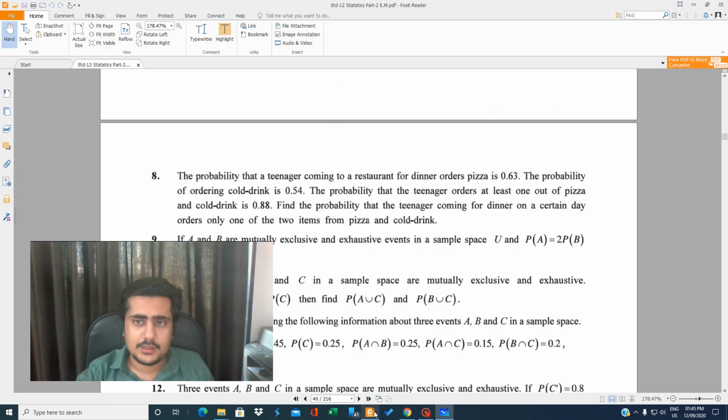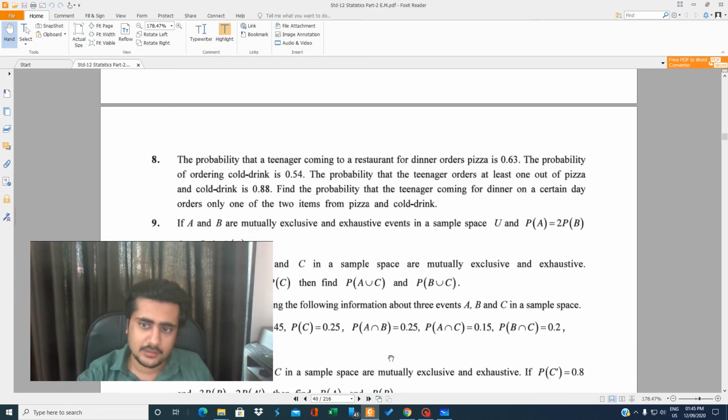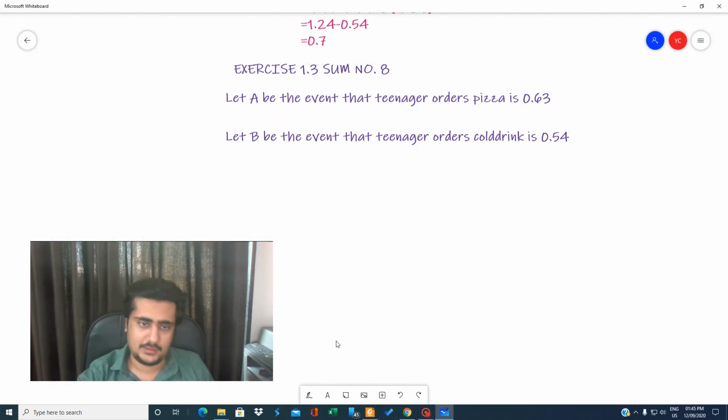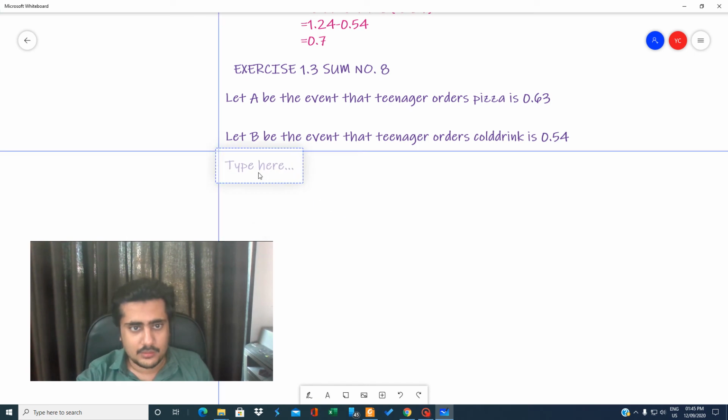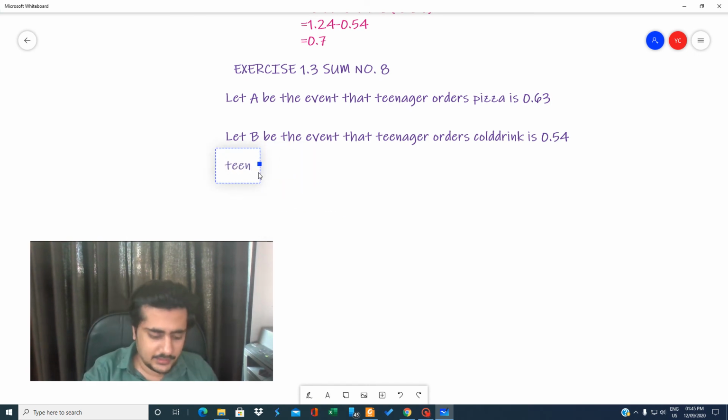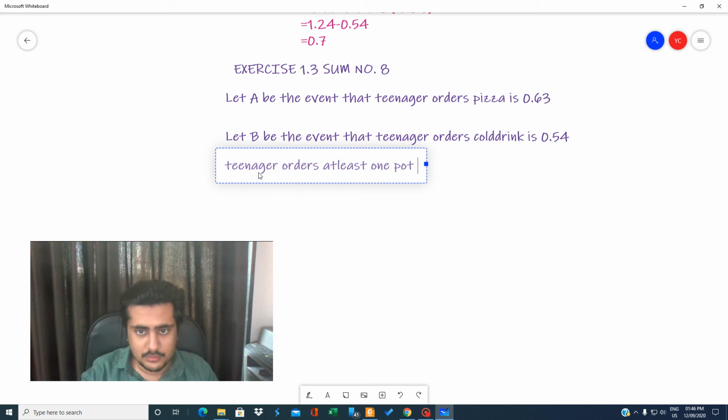Okay, then what is given in the question? The probability that a teenager orders at least one out of the pizza and cold drink. So here it is given at least one. So let us write like this: teenager orders at least one out of pizza and cold drink.